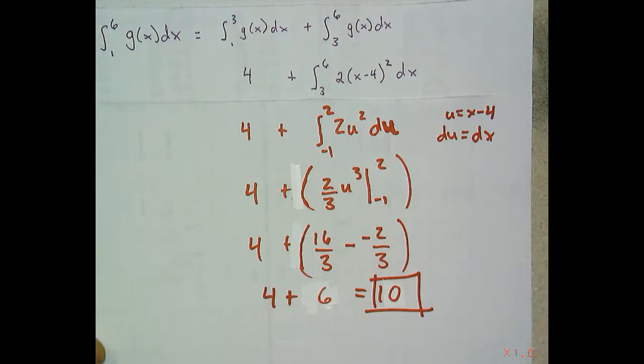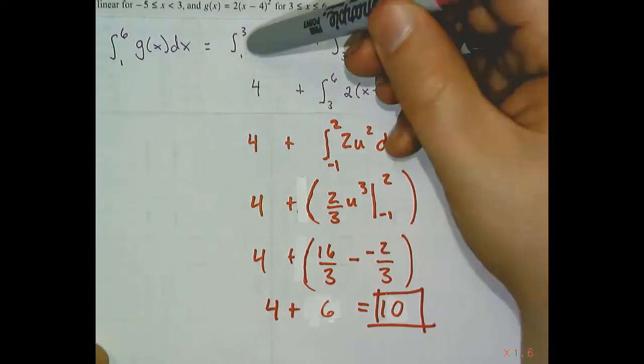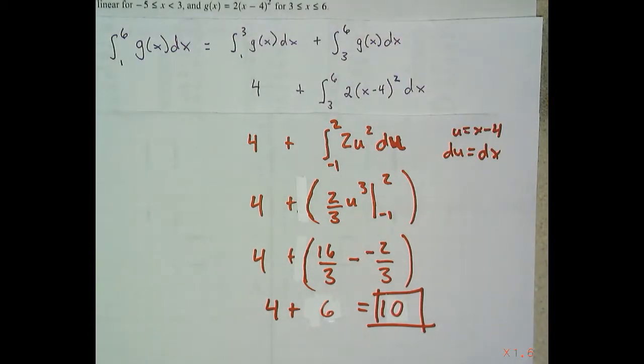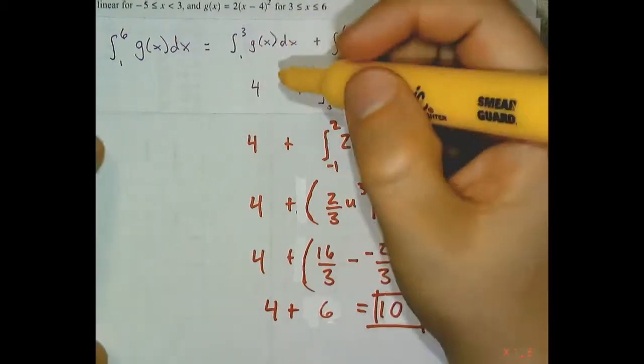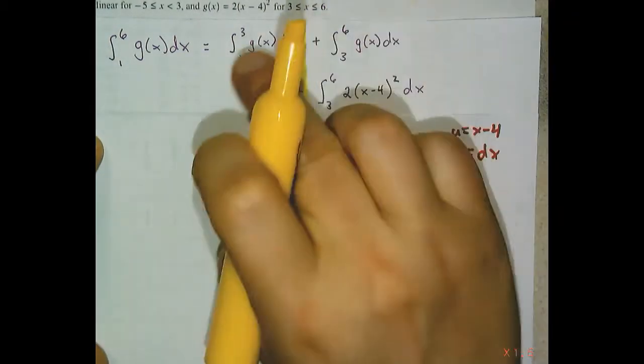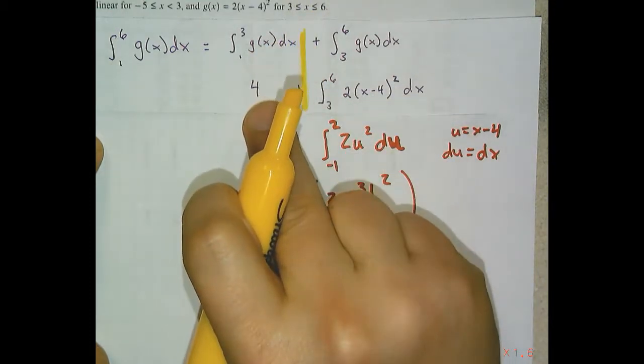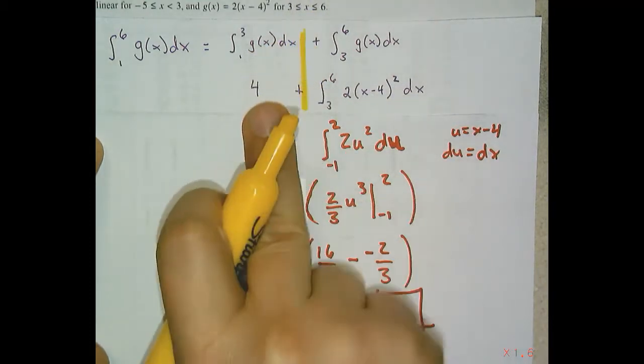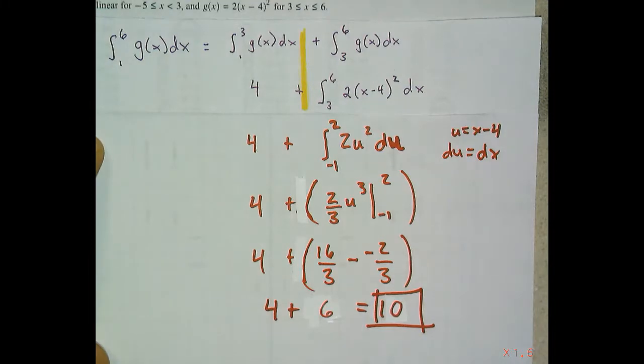The point breakdown is you get your first point for recognizing that we need to split this at 3. So this idea of splitting the integral into 2 expressions. Whether you evaluate using geometry or calculus, they don't care. But that's your first point.